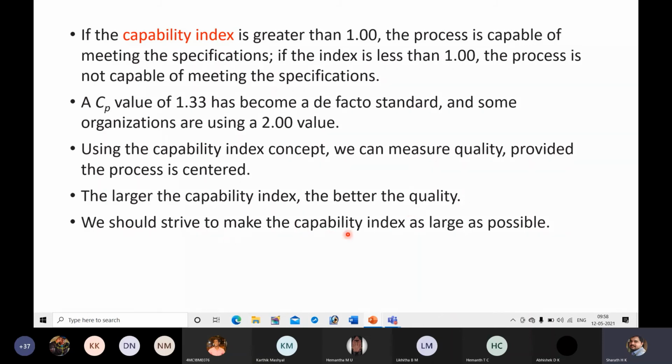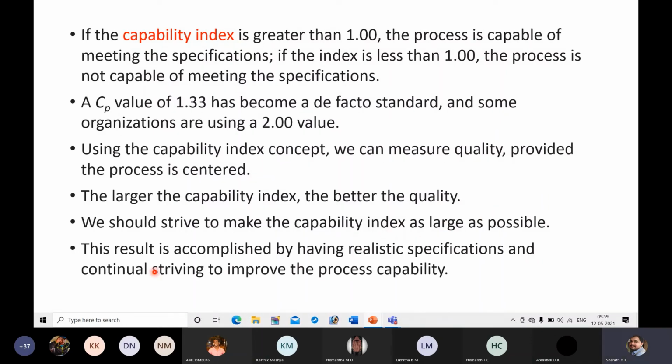We should strive to make the capability index as large as possible, because there is a direct relation between capability index and quality. If you are able to increase the capability index value, you are able to increase the quality of the product. This result is accomplished by having realistic specifications and continual striving to improve the process capability.